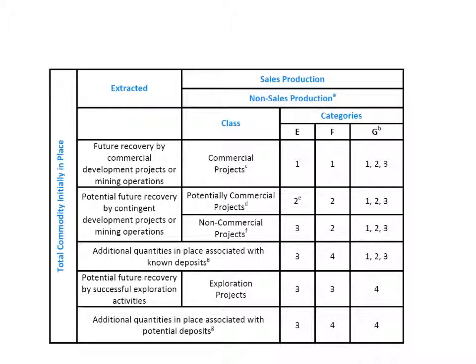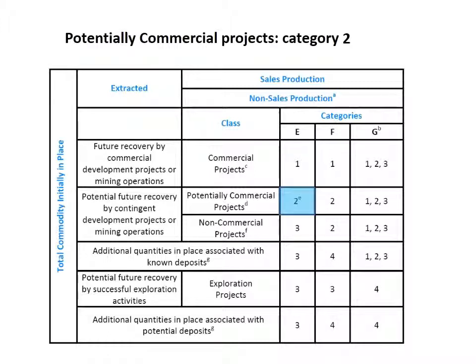An exploration project of which the economic feasibility and development potential are uncertain, and for which the geological knowledge is limited, could be classified as 3, 3, 4. For a potential commercial project, the economic viability is still uncertain and classifies as a 2.